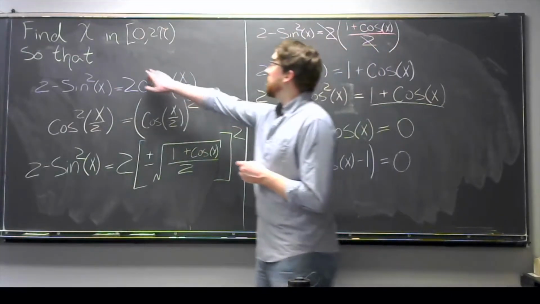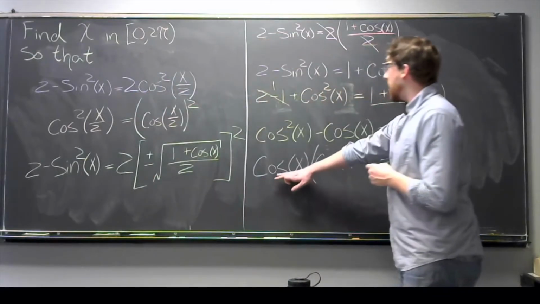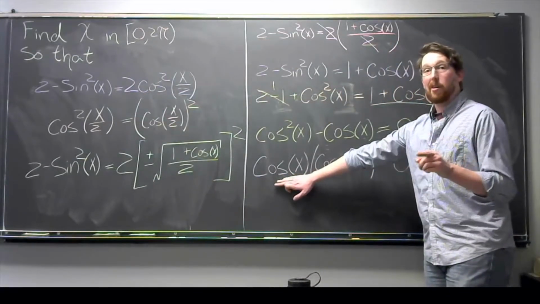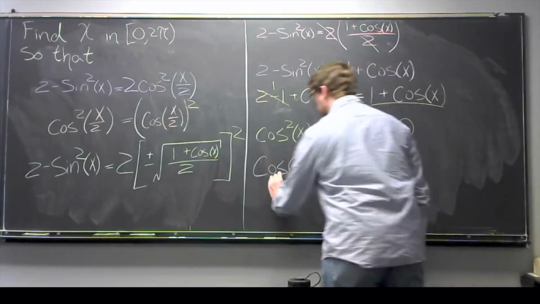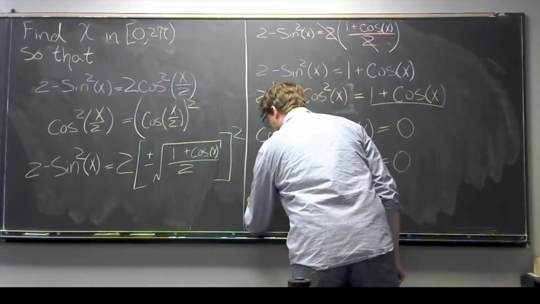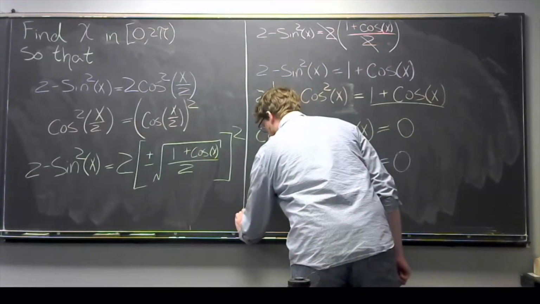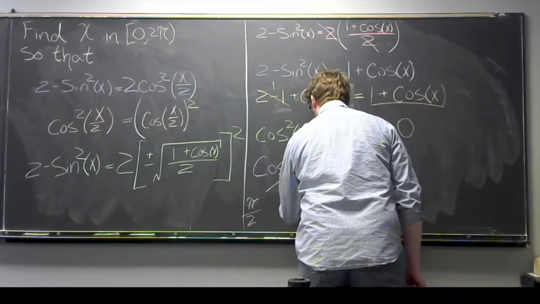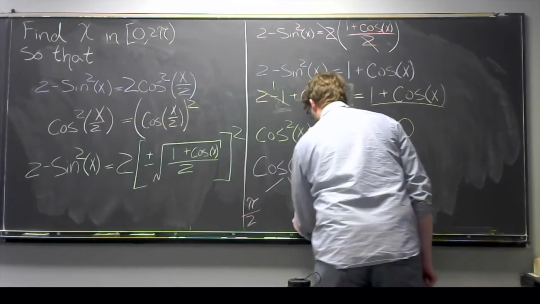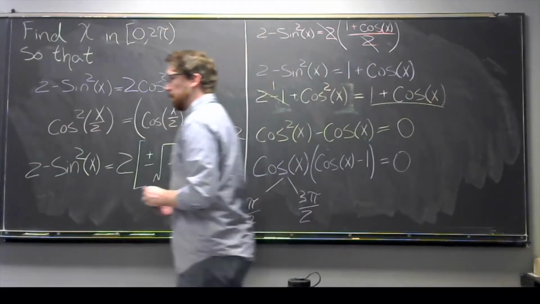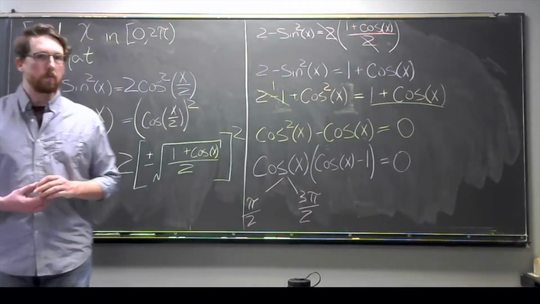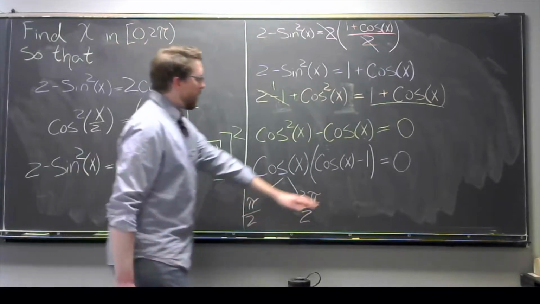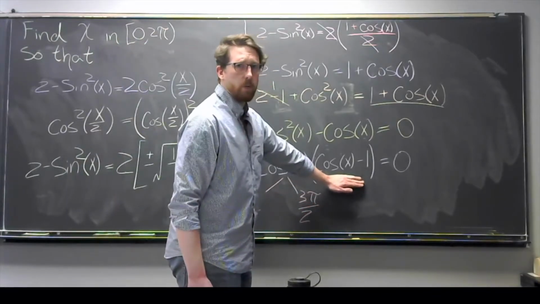Well, inside of these bounds, cosine of x can only be 0 at 2 places. The first place is pi over 2. The second place is 3 pi over 2. So what's left then is finding out when this part is equal to 0.